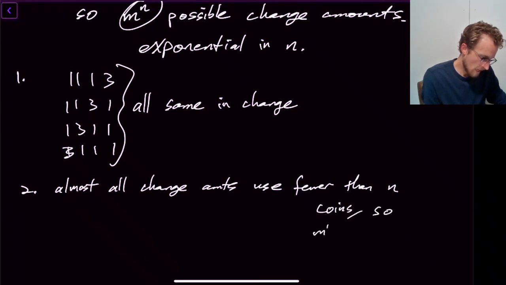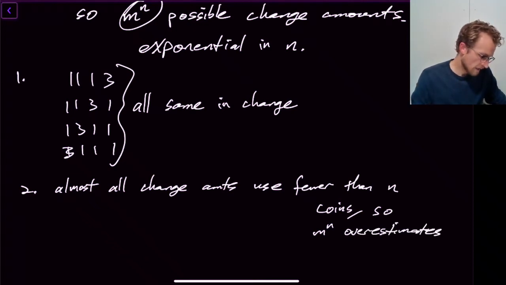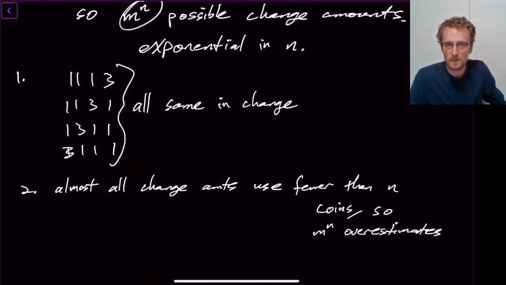So m to the n overestimates, at least by some amount, right? Maybe it's not totally clear, but if you do this exhaustive search, you'll still get an exponential algorithm. Like you'll still be repeating a bunch of work, and that's basically what point 1 is saying here.